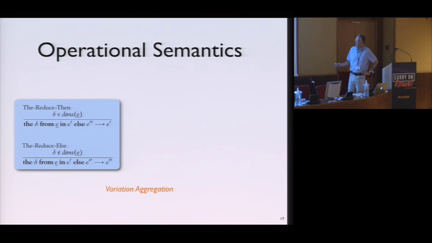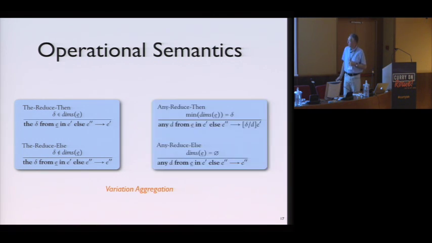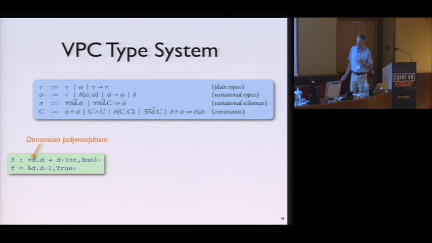And the second thing is that we have to have this auxiliary function dims for computing the dimensions that are contained in there. So this is not really nice, but it is something we had to do in order to make this whole thing work. And the rules for the results look very similar. I will skip over the type system because I'm running out of time.